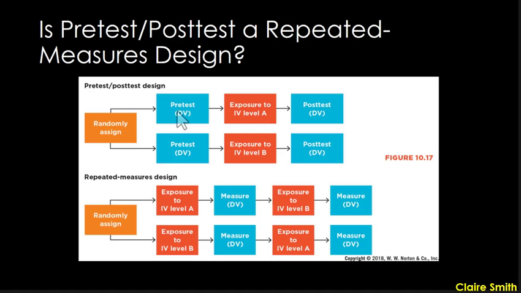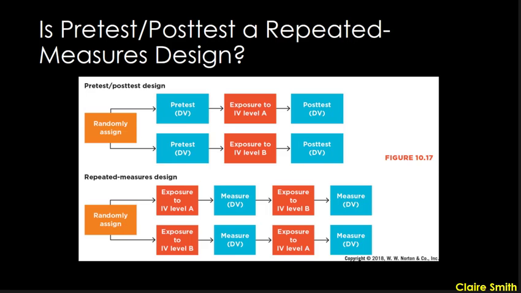So in pretest/posttest, even though we're measuring the dependent variable more than once, one group is only exposed to one independent variable level, and the other group is only exposed to the second. To be a repeated measures design, you have to have both groups exposed to both levels. So make sure you have these straight and know which one is which. You might see a matching question on a quiz or exam.